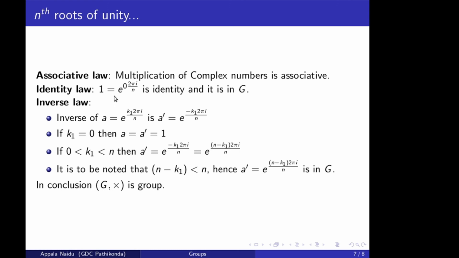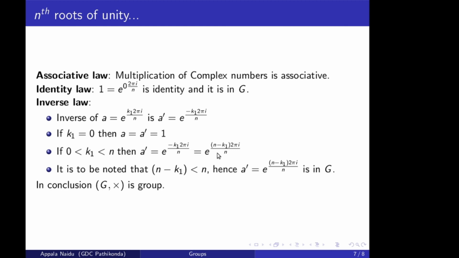Now let us see inverse law. Inverse of a is a prime, that is e power minus k1 into 2 pi i by n. If we multiply both of these, we get 1, or e power 0 into 2 pi i by n. If k1 equal to 0, a and a prime are same. If k1 is greater than 0 and less than n, then a prime is e power minus k1 into 2 pi i by n.